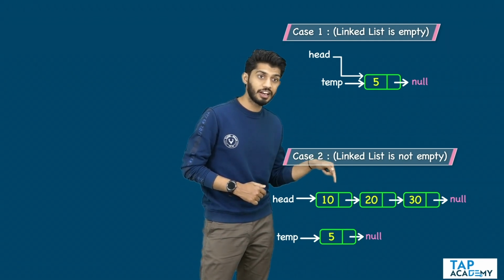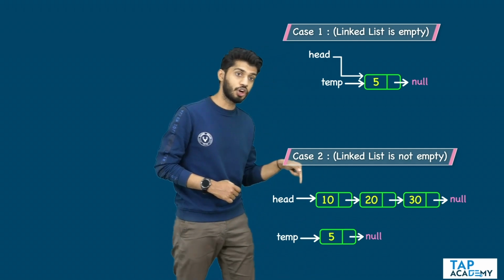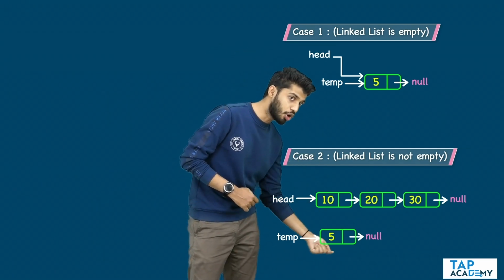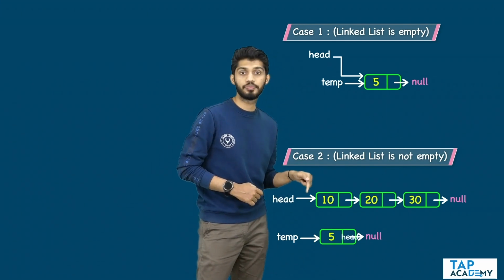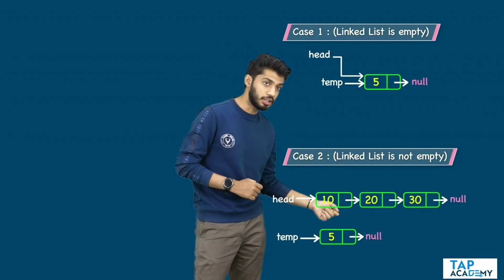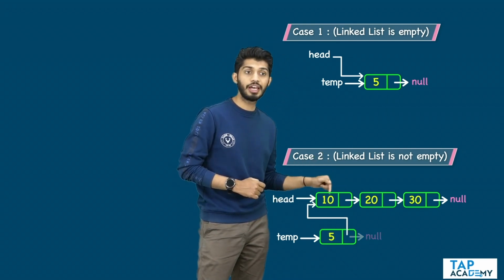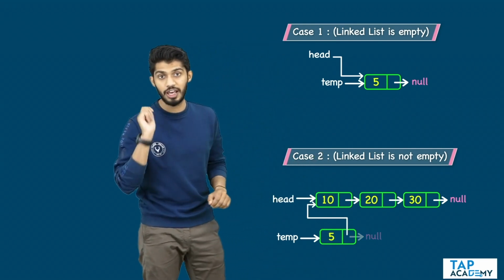Now how can I get the reference of this? The reference of this is already available in head, and all I have to do is store it in temp.next. If I store this, then temp.next will start pointing to this particular node rather than pointing to null. This is the first thing that I have to do.